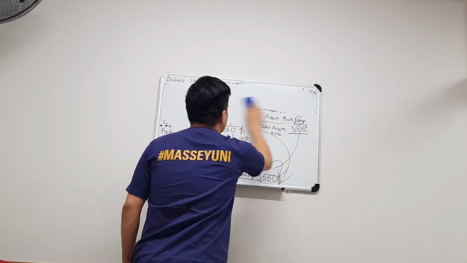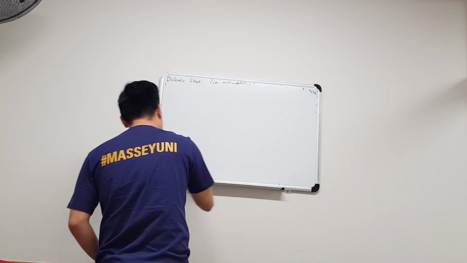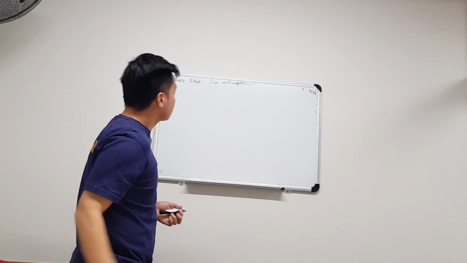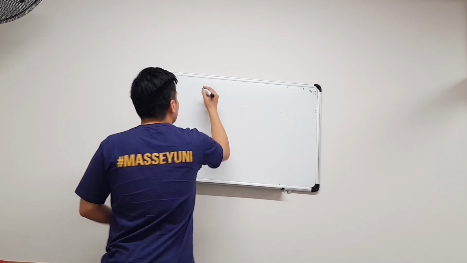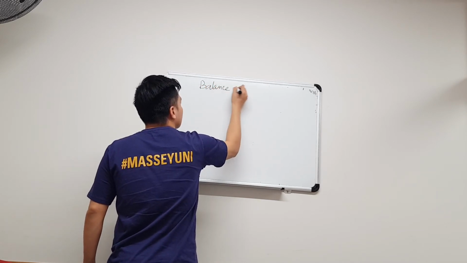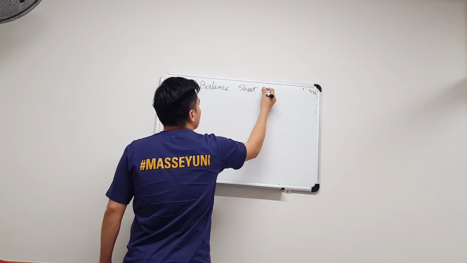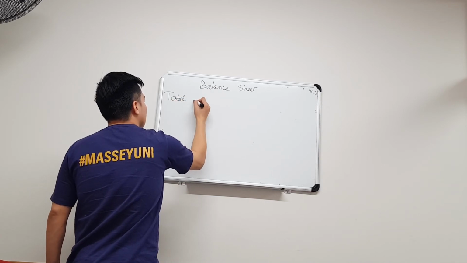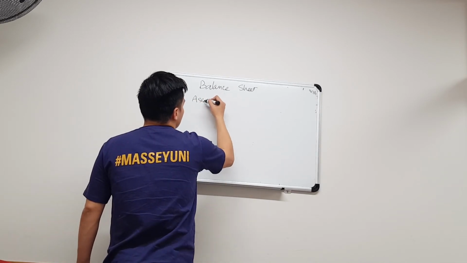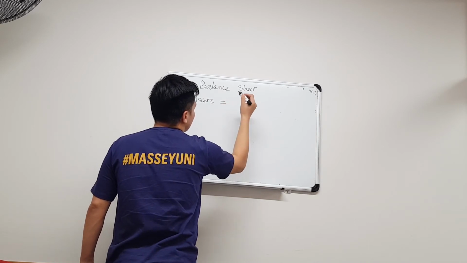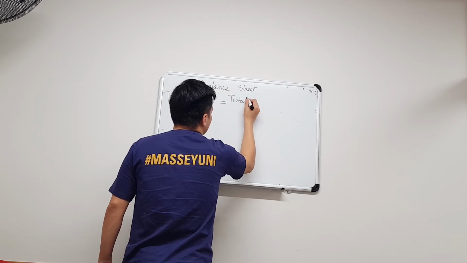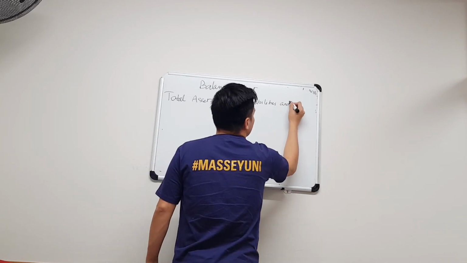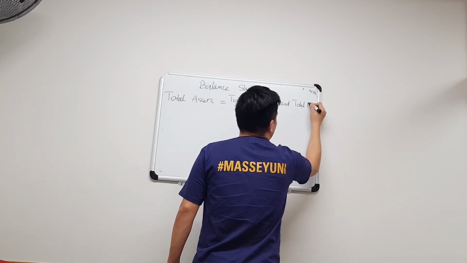So, in general, when we calculate the balance sheet of a company, we have total assets equal to total liability and total equity.